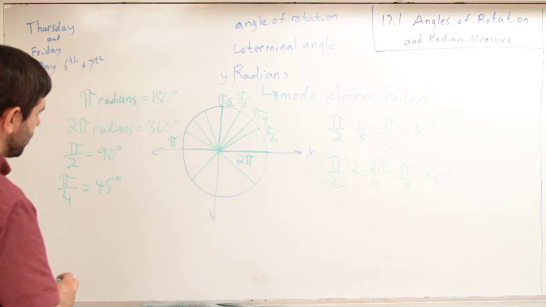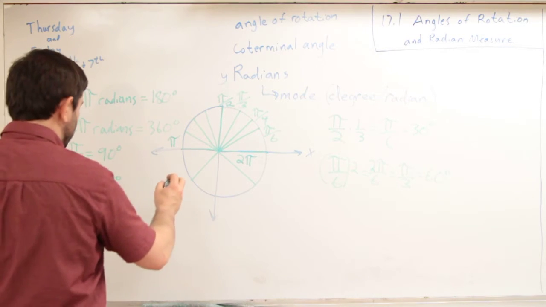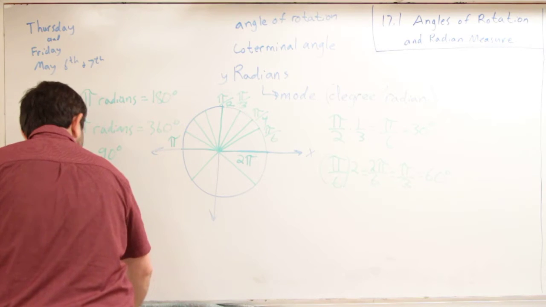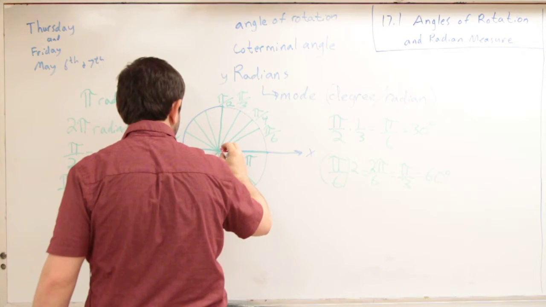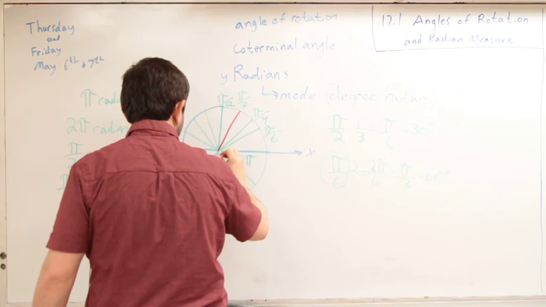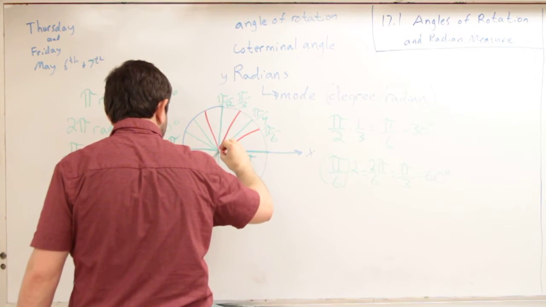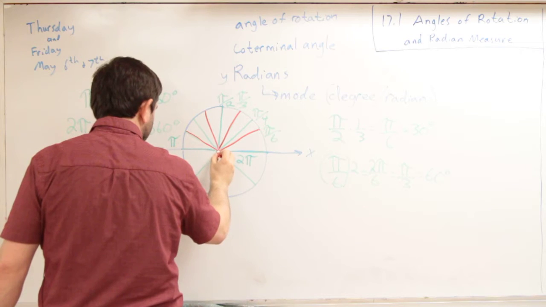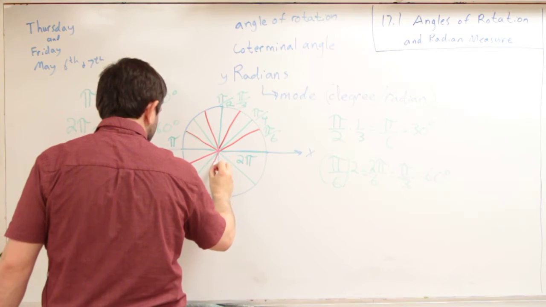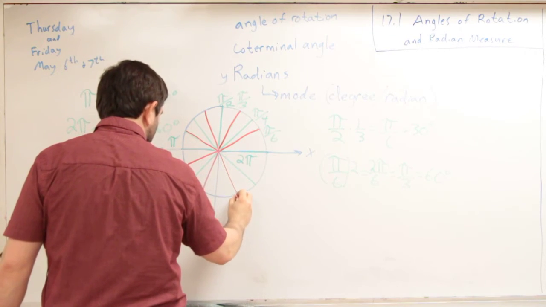And then, let me do this in a different color, do the 30 and 60 degrees. I'll help you get started a little bit more on this, but if you already got it, go ahead and work on it.